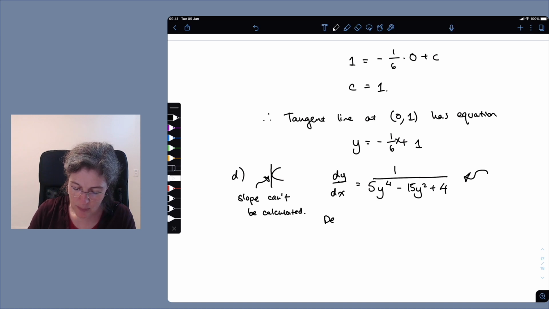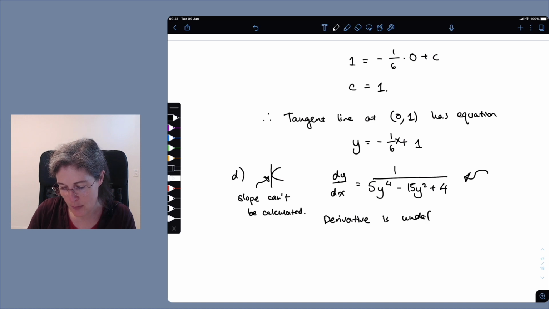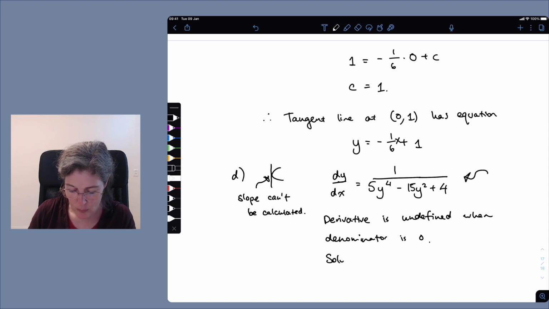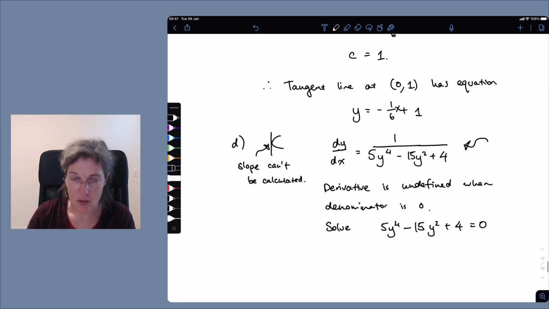So our derivative is undefined when the denominator is 0. So we solve for when the denominator is 0, and that will tell us for which y values our derivative is undefined.